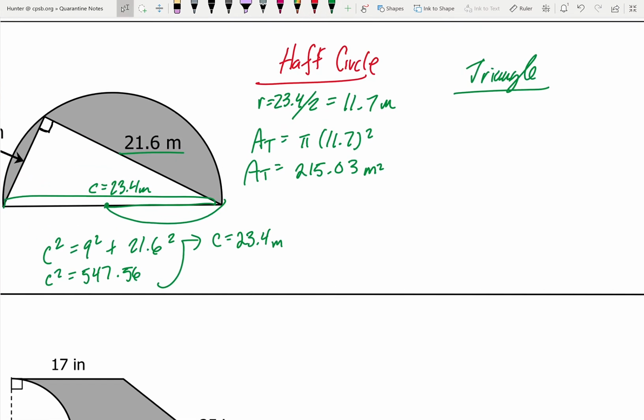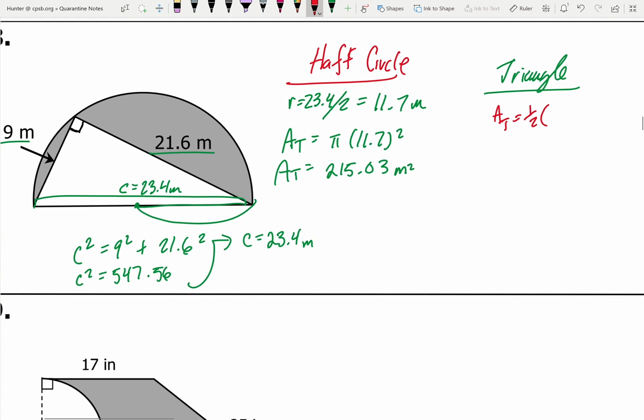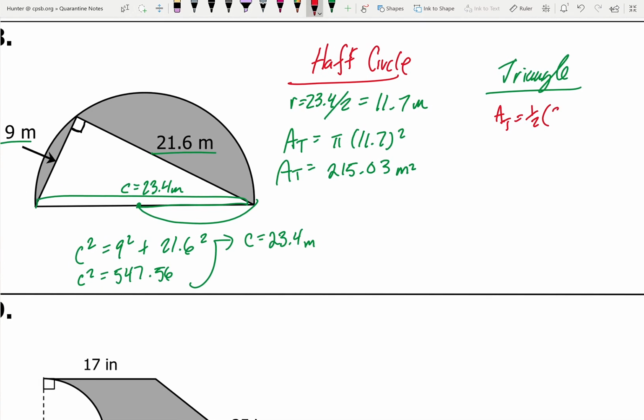Now the area of the triangle, that's the area is 1/2 times the base times the height. The base being 9 meters, the height being 21.6 meters. Plugging this into my calculator, I get the area of the triangle to be 97.2 meters squared.